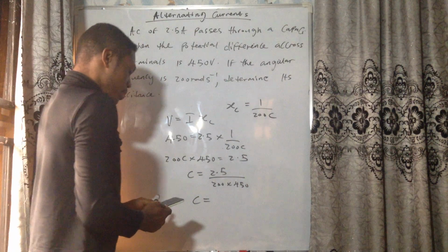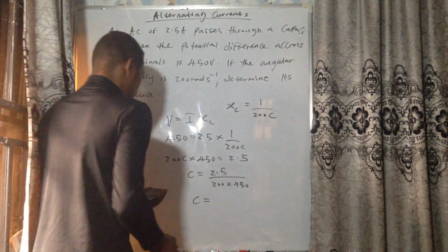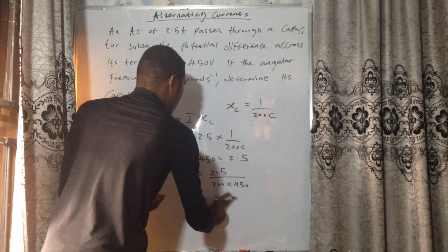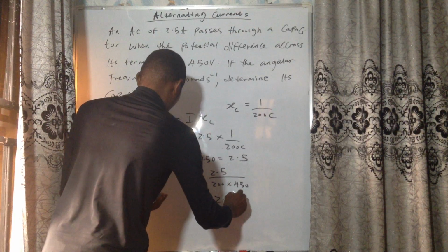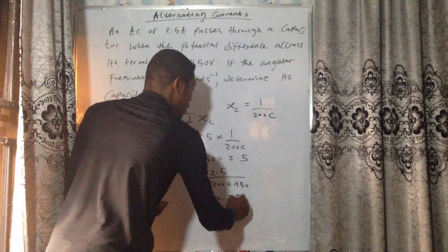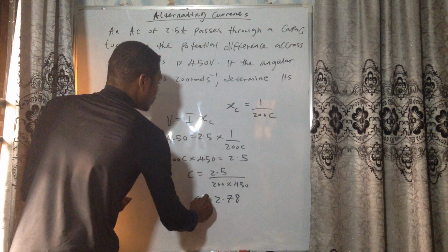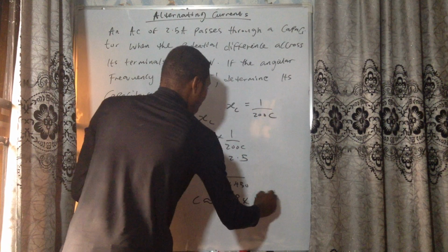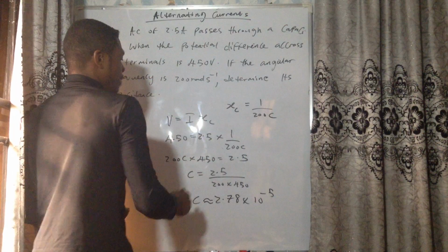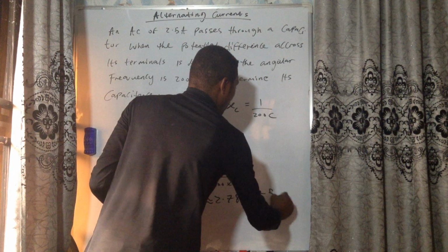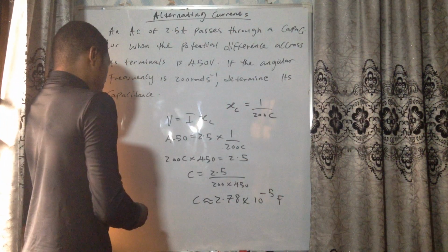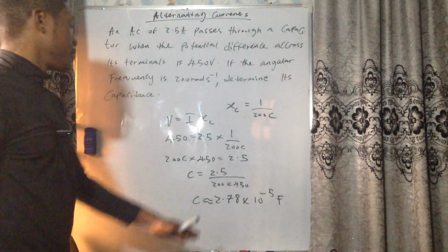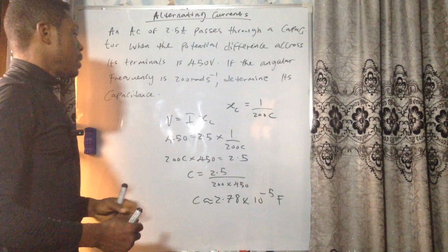We have 2.7777, that is approximately 2.78 times 10 raised to power minus 5 farad. Capacitance is measured in farad. So this is the answer.